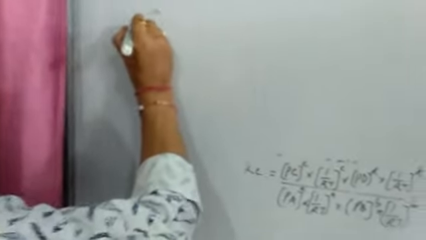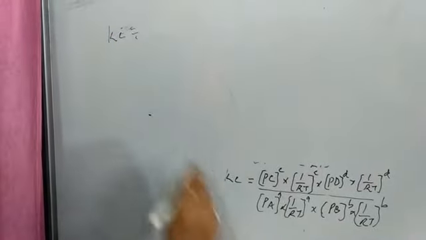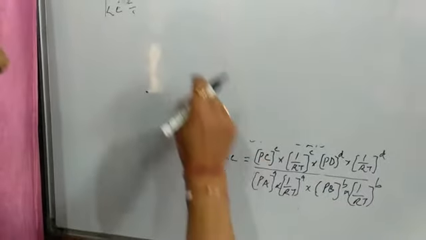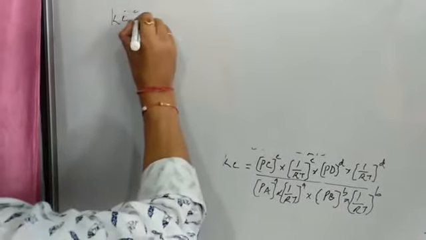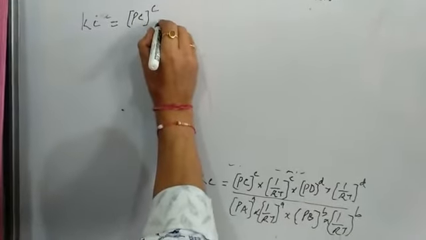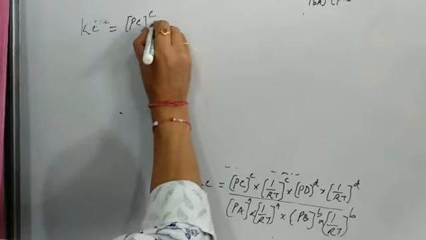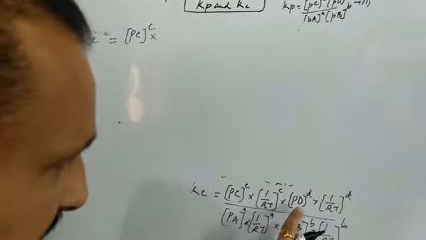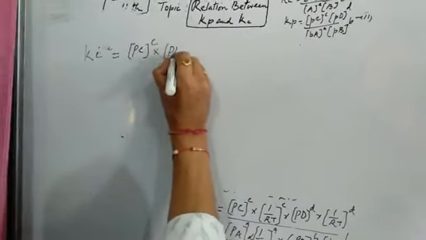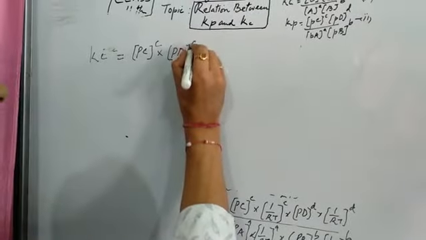Kc is equal to Pc raised to power c into, let me take PD first, PD raised to power d.